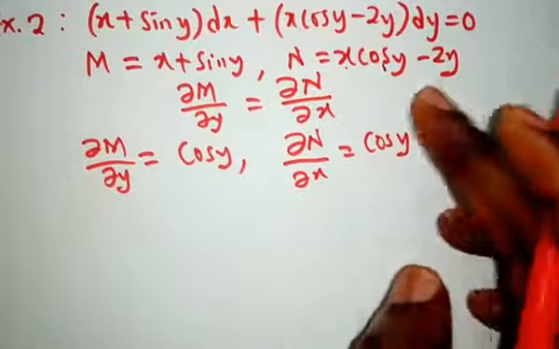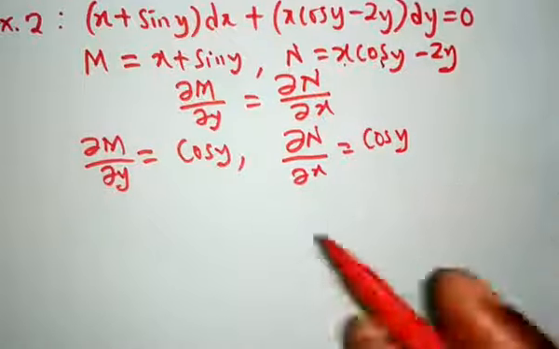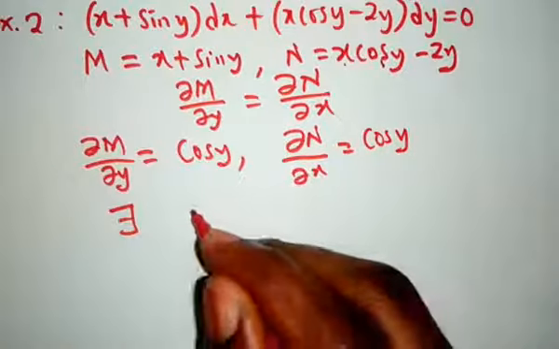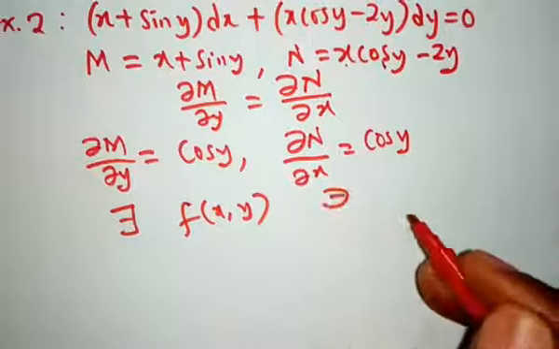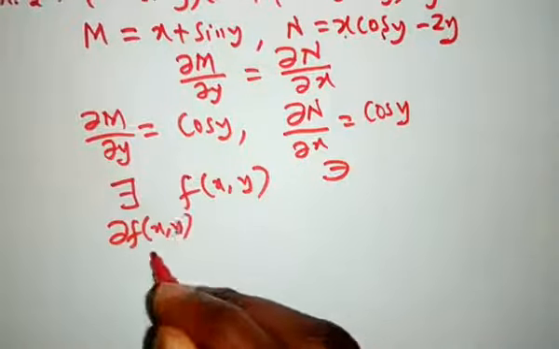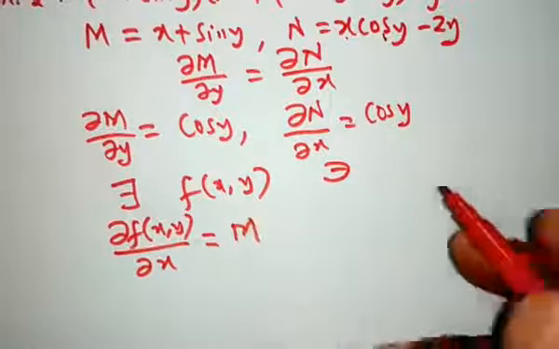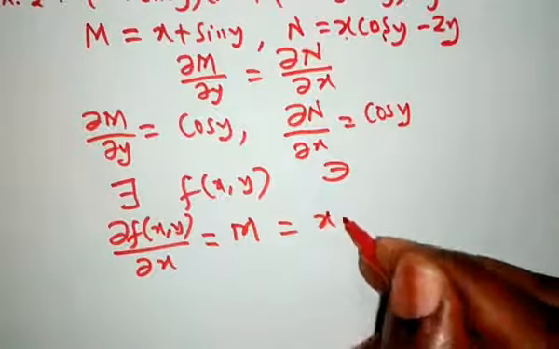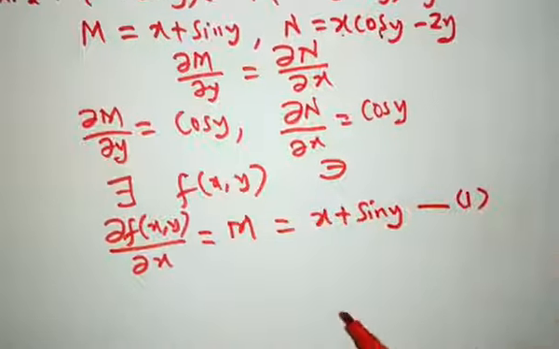So it implies that this equation is exact, and hence there exists a function f of x comma y such that the partial derivative of f of x comma y with respect to x equals M, and that is equal to x plus sine y. Let's call that equation 1.